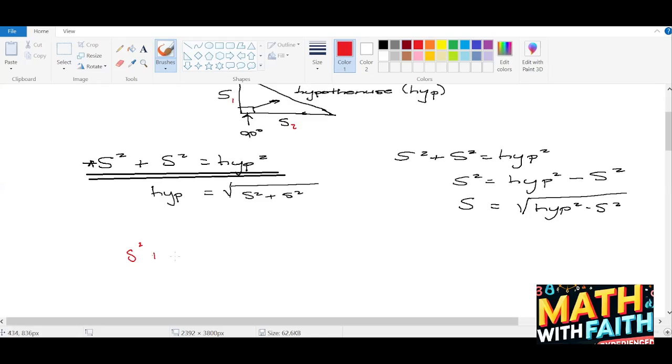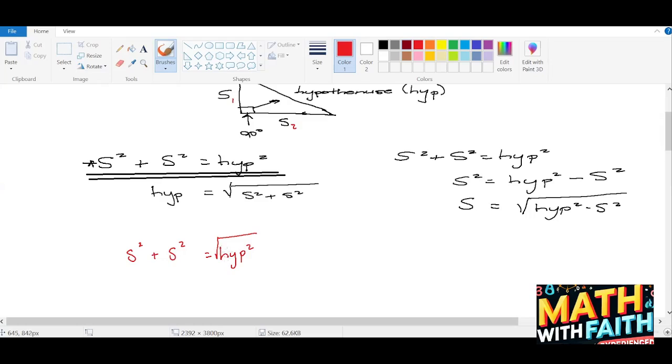So let's look at this. Side squared plus side squared is equal to the hypotenuse squared. I want hypotenuse by itself. I want to find what the hypotenuse is. If I want the hypotenuse by itself, I have to remove the square on this side by doing the square root, right? So the square root of hypotenuse squared is equal to just the hypotenuse.